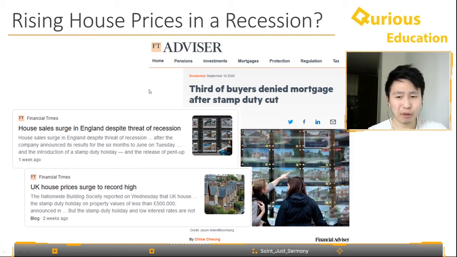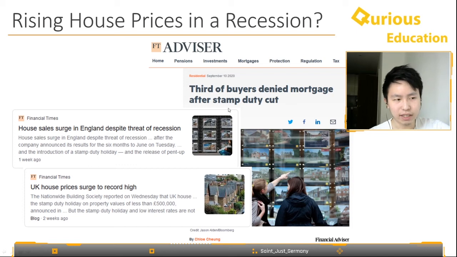And as a result, the housing market has actually increased in prices slightly because of the tax cut. But supposedly in a recession, we shouldn't have increasing housing prices, because in a recession, people are unemployed, they won't be able to get a mortgage, they won't be able to borrow money from a bank to buy a house, or they won't be able to afford to buy a new house, right?